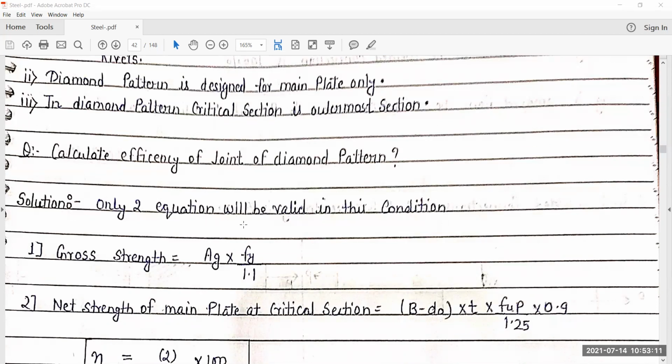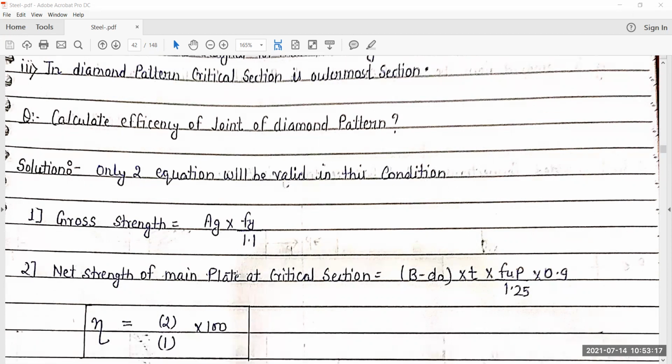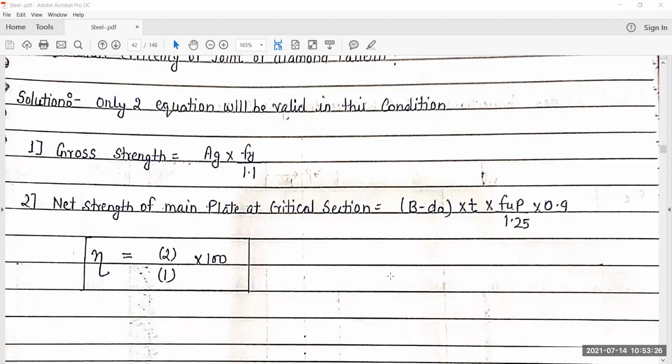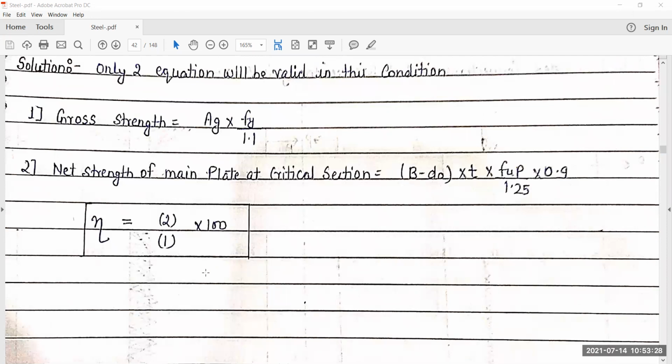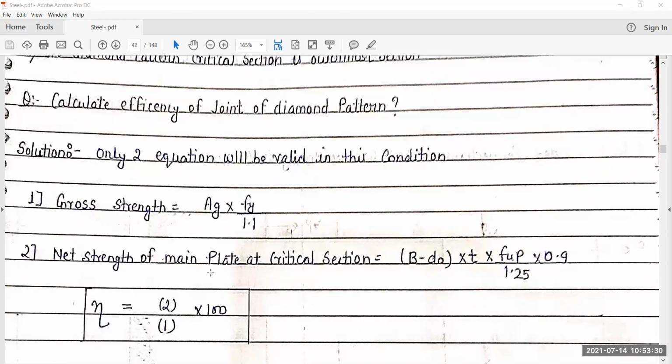Only two equations will be valid in the conditions. The net main plate or critical section, B minus B naught, will be into Q 1.270. You will do 2 upon 1 into 100.